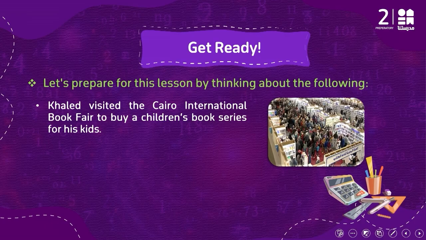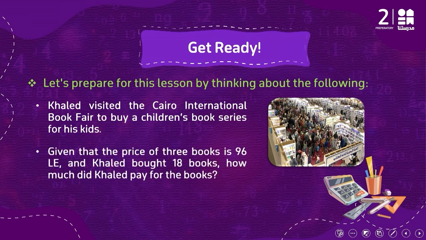Let's start with a real-life application. Now we have Khalid, who visited the Cairo International Book Fair to buy a children book series for his kids. We know that the price of 3 books is 96 LE, which is Egyptian pound, and Khalid bought 18 books.